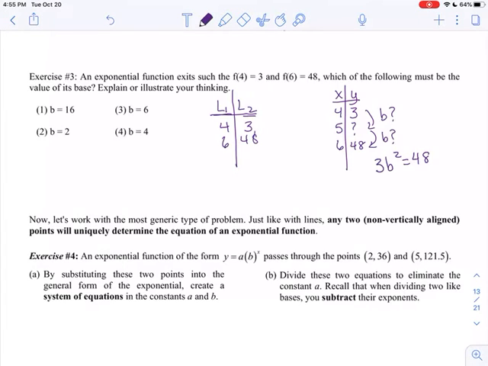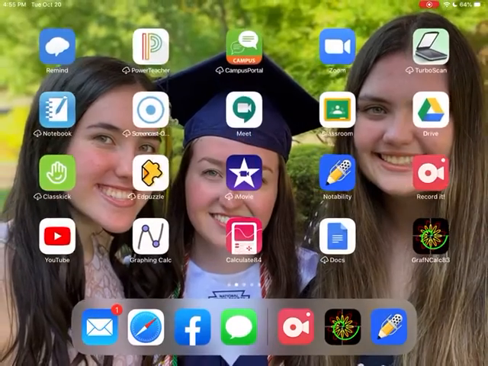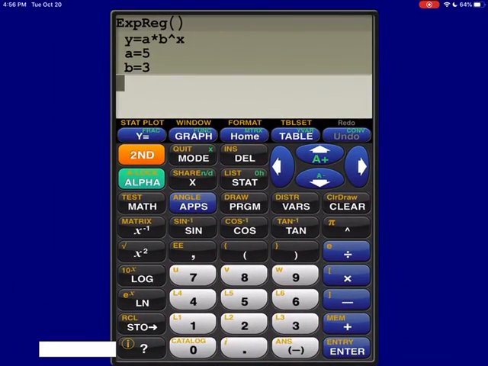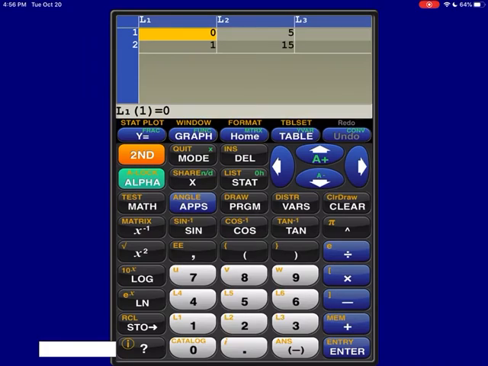Okay, so 3 b squared equals 48. 3 times b is the next value, but I don't have the next one, so for me, it's 3 times b squared is 48. b squared equals 16, and b equals 4. So because we increased x by 2, we are squaring that base. We didn't know what this in-between value was. Okay, but you can just use your calculator.